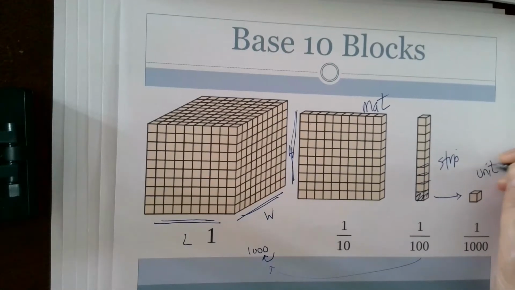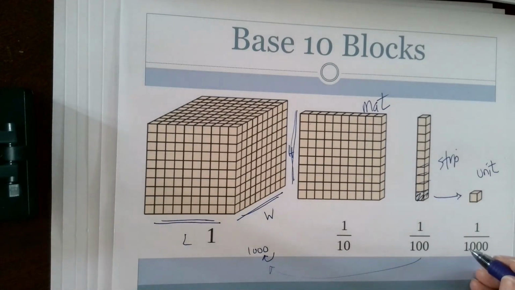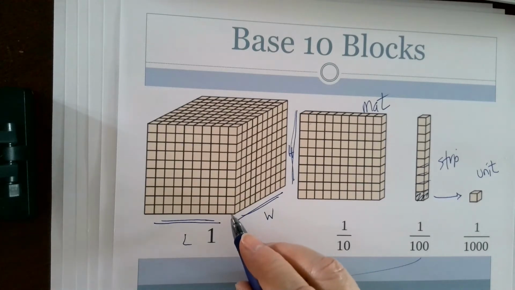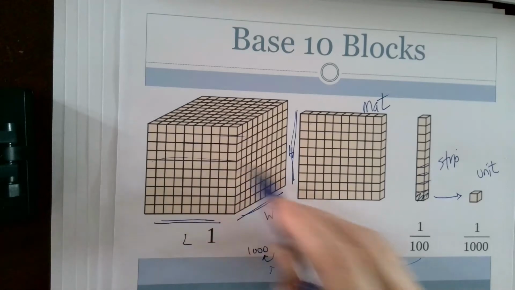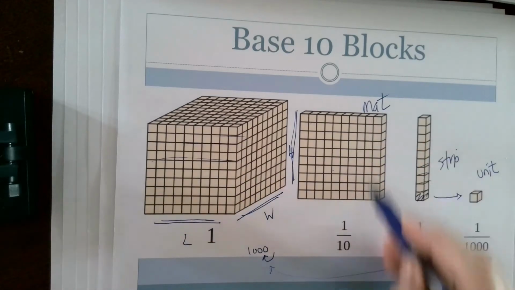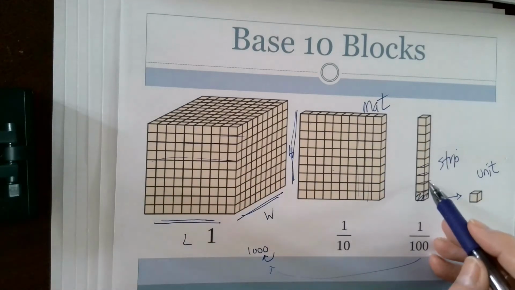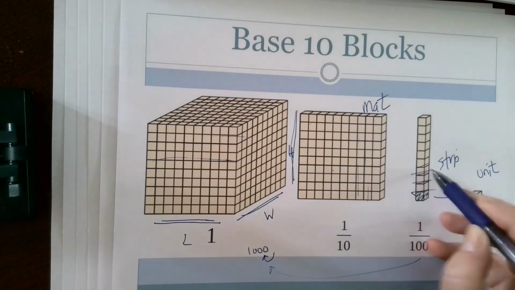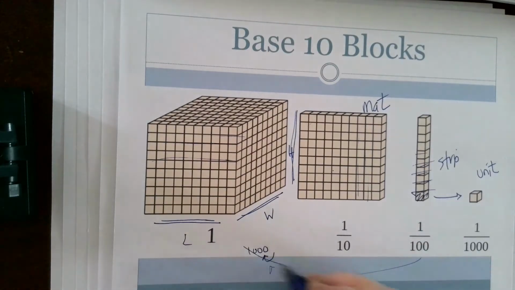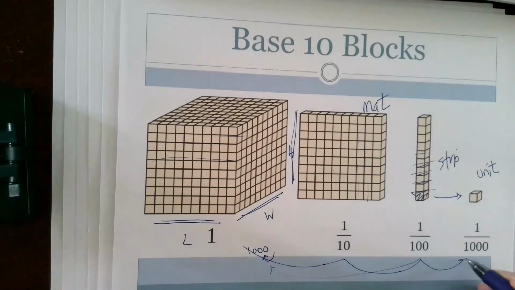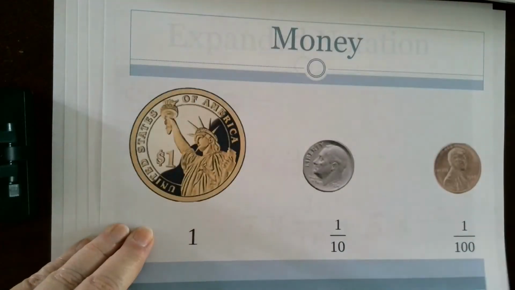And that unit would be 1/1,000th of the original one, because we divided it into 10 pieces to get the mat, and divided the mat into 10 pieces to get a strip, and divided the strip into 10 pieces to get a unit. So we divided it by 10 and 10 and another 10. That's 1/1,000th. That's how fractions work in base 10.